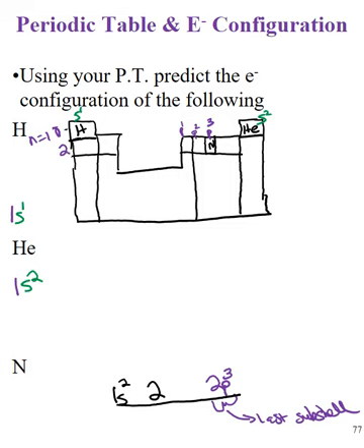I have to fill this part next. That's my S block, so I'm going to put 2s2. Now I go across the row and I get to nitrogen. This is where I get my last subshell. It's in the second row, second shell, and the last subshell will be P3. So hopefully this is making a little bit of sense. I want you to do the next slide on your own.